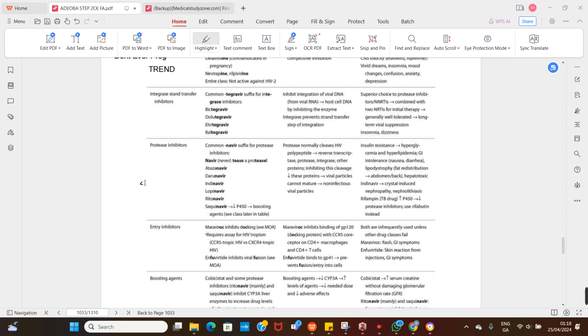That's the good part. Once you see rifabutin and rifampin in the options, you want to look closely to assess for any possible drug-drug interaction. If you perceive any impending drug-drug interaction, you have to choose rifabutin as the preferred drug compared to rifampin, because rifampin will stimulate cytochrome P450 and affect the drug you are combining it with.